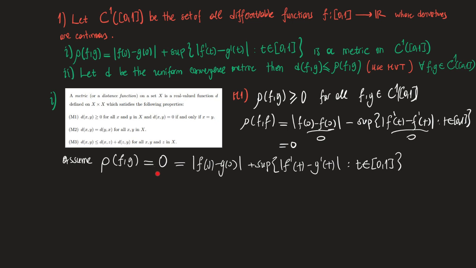Now if it is 0, since both terms are non-negative, they should be 0 at the same time. So f(0) should be g(0), and f'(t) minus g'(t) should also be 0 for all t.